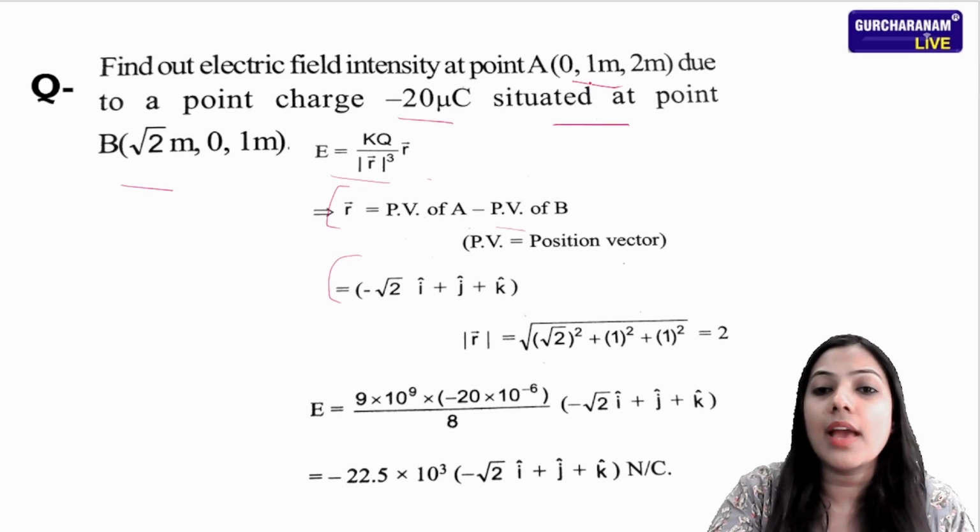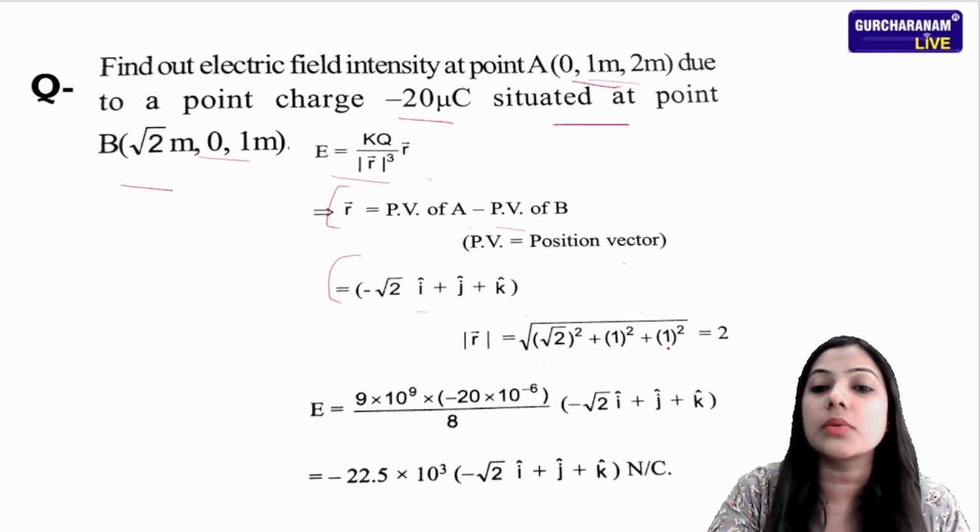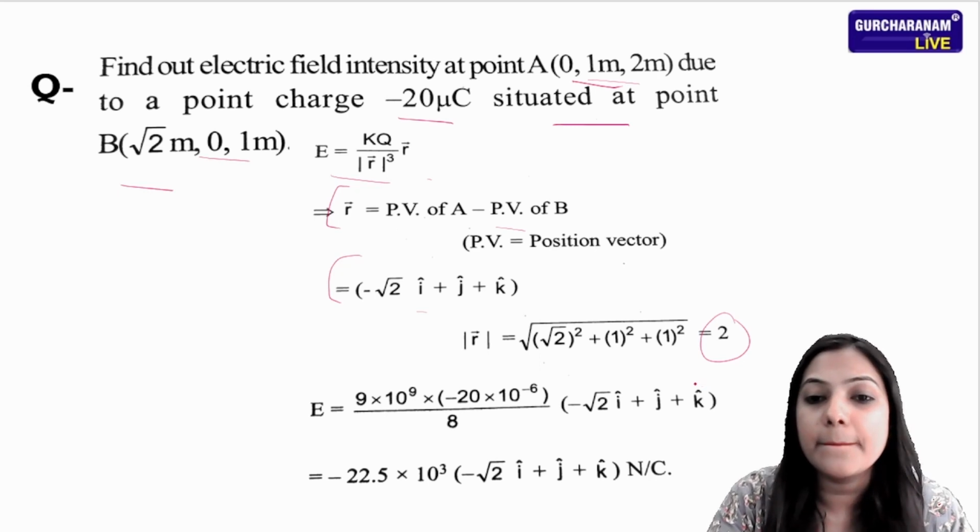That means we have to subtract these components from these. Okay, and we will get this value. So the magnitude of r vector is under root of (root 2) whole square plus 1 whole square plus 1 whole square, and we will solve this. We will get the value 2.